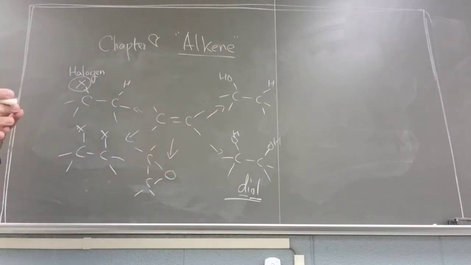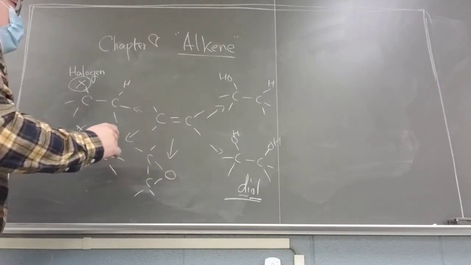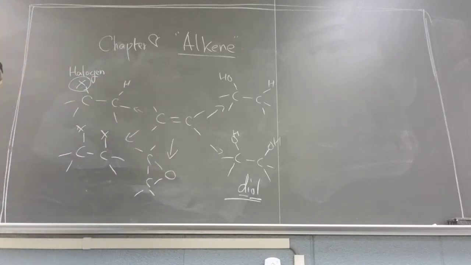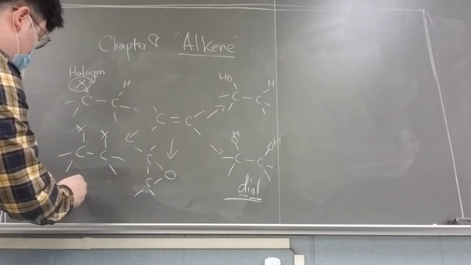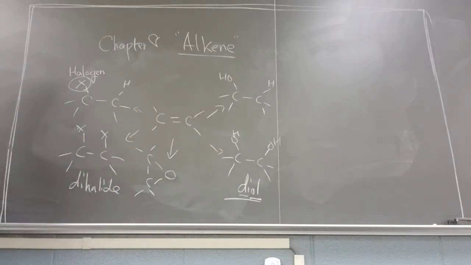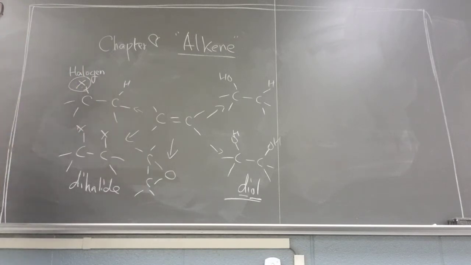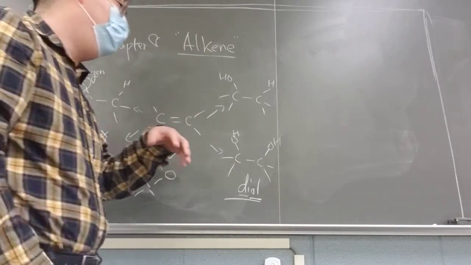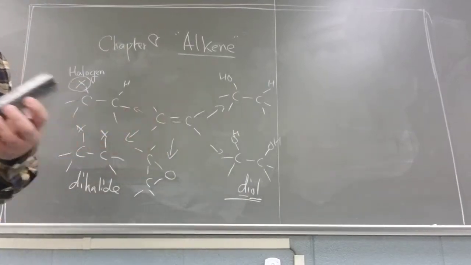Something like a cyclic portion of your compounds too. Okay, so there are so many things actually. There's even more we can do with this one, but there are very few products you can make from the alkene. This is what we're going to talk about in chapter 8.